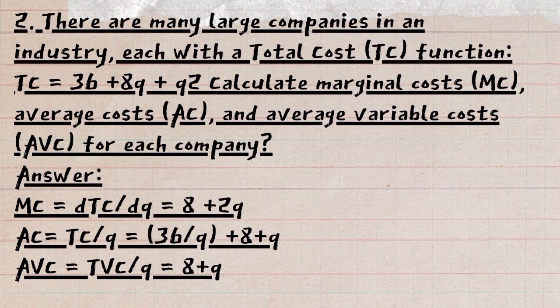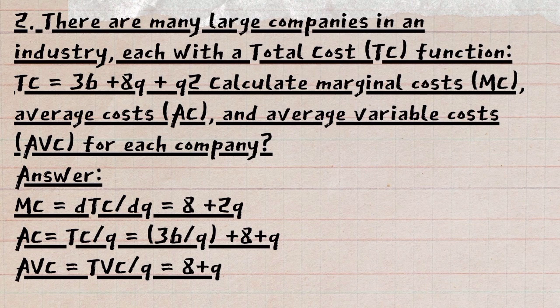And the last example is there are many large companies in an industry, each with a total cost or TC function. TC is 36 plus 8K plus K squared. Calculate marginal cost or MC, average cost or AC, and average variable cost or AVC for each company.